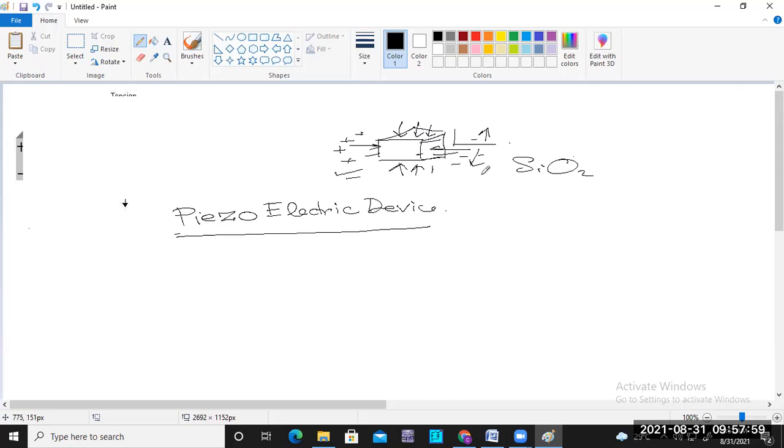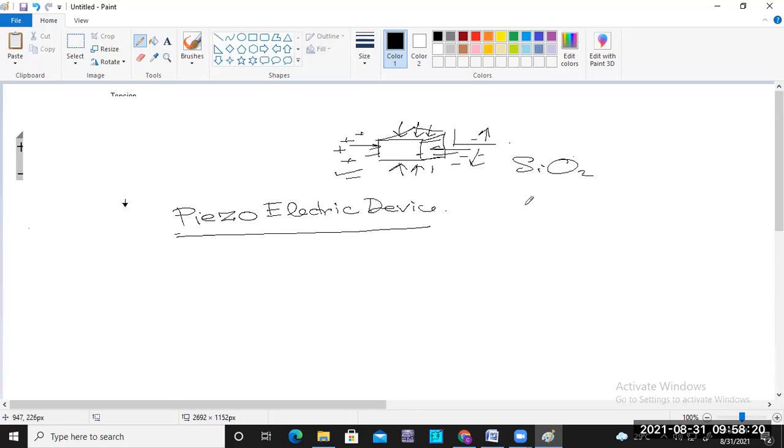Now come to the point of the crystal. Silicon dioxide is a crystal which has the characteristic of piezoelectricity. And in nature, Rochelle salt is the natural piezoelectric material.